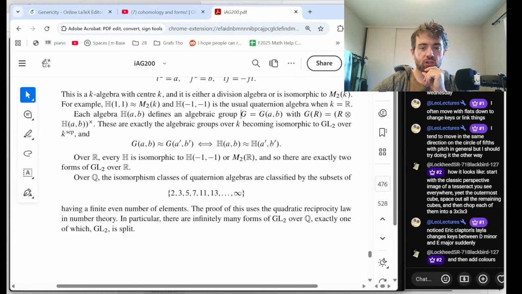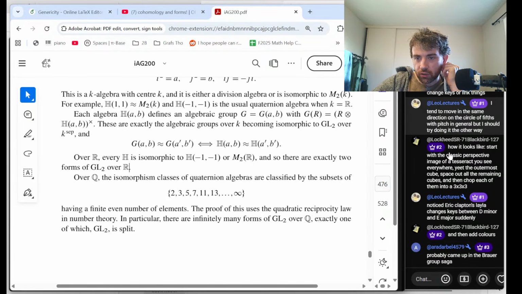And these are exactly the groups over K becoming isomorphic to GL2. So that gives us exactly two over here. I think this also gives us an important example of an inner form of GLN over the p-adics, because it's like GLN valued in some p-adic division algebra.